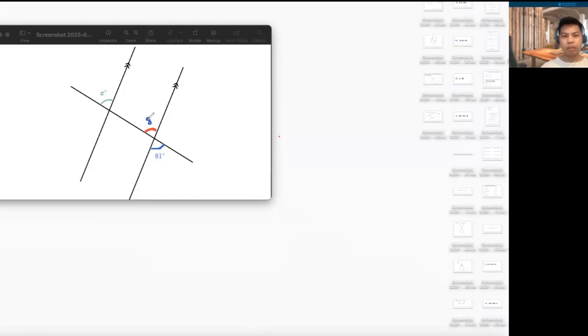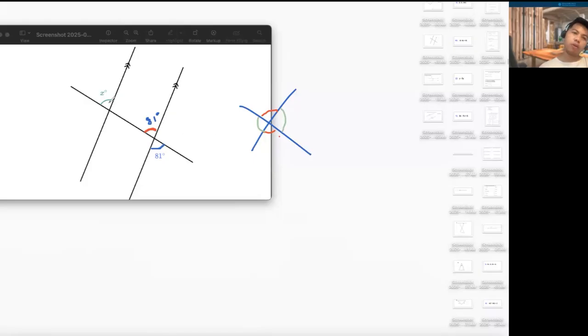They are the same because we call them vertical angles. If I have an X, these two angles would be the same. The red ones are the same, and the green angles are the same. So this must be 81.